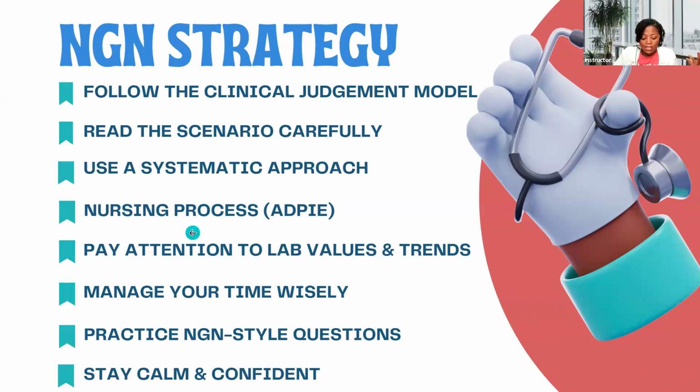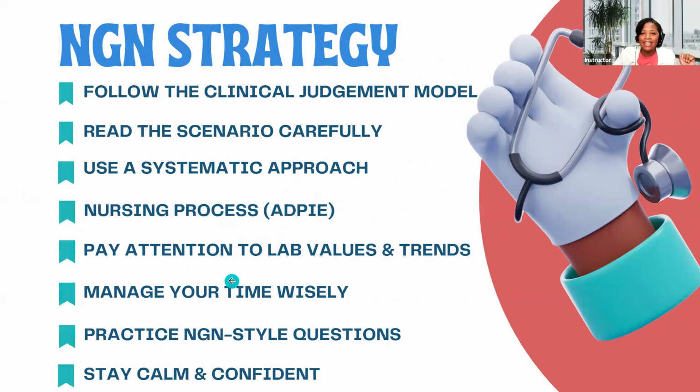All right. The nursing process is essentially ADPIE, following assessment, right? Leading into diagnosing, to planning, and then implementation, and then evaluating. So again, the nursing process kind of aligns with that clinical judgment framework model.